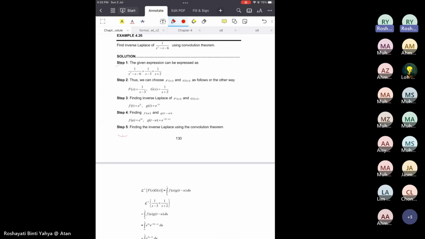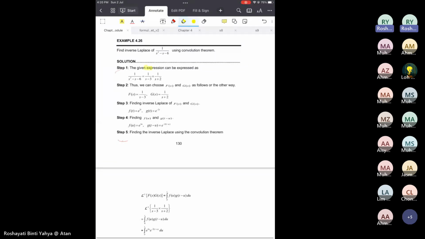The steps. The first one, given the expression, make sure it can be expressed in the form here in s, meaning that it can be represented as two functions, F(s) and G(s). So choose which one is F(s) and which is G(s).